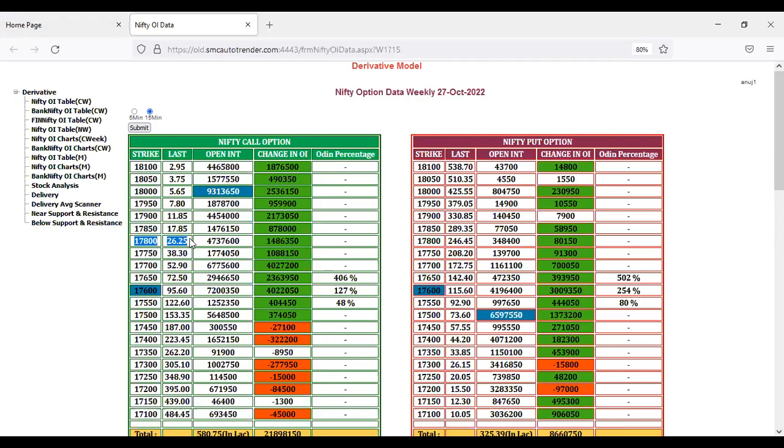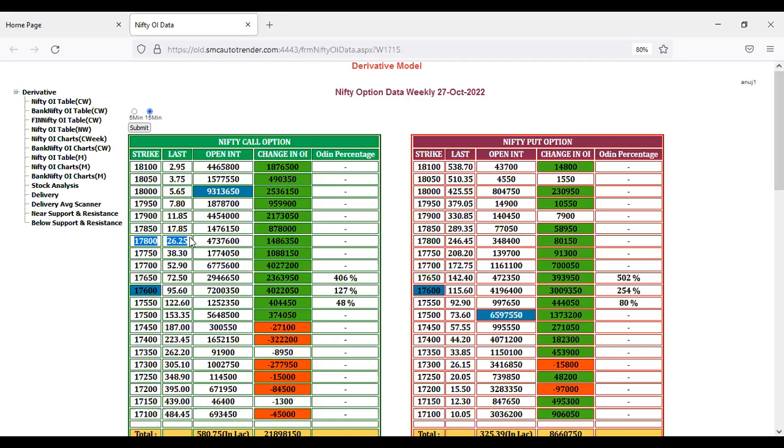Because if market tanks down to 17,600, 16,000 level, then I will not be in a loss more than 2,300 eventually if I am a buyer. But if the market goes to 18,000 or 18,500, I will be the biggest winner. So as a buyer, I'm transferring the risk to the other person and the other person is taking the risk.